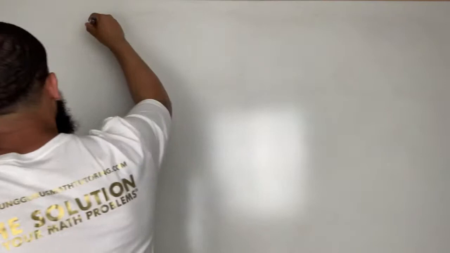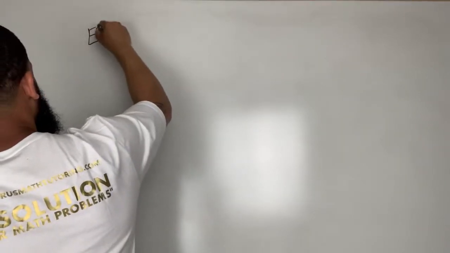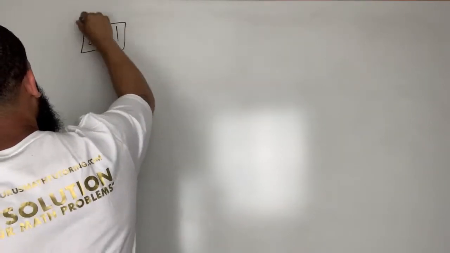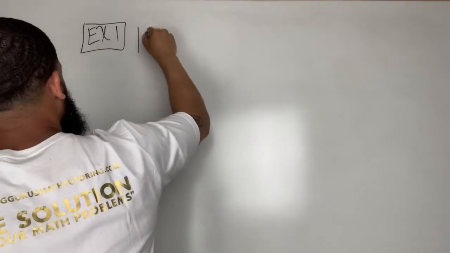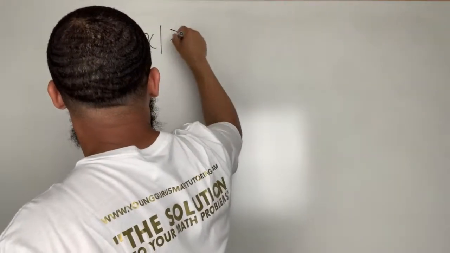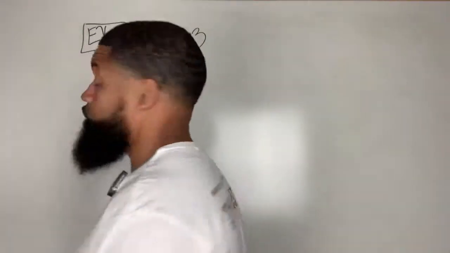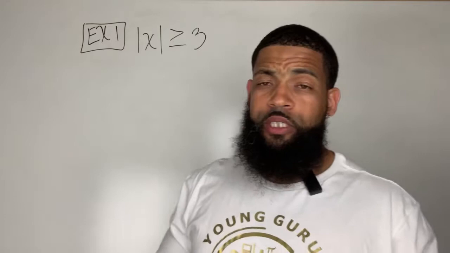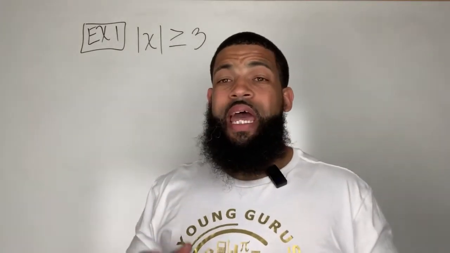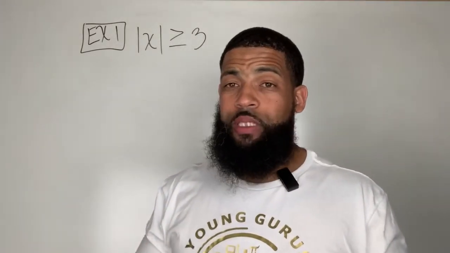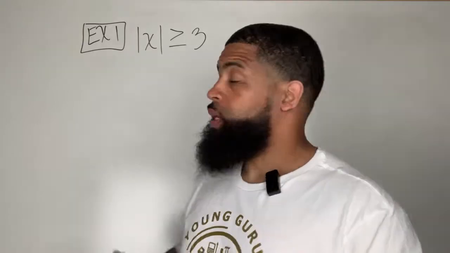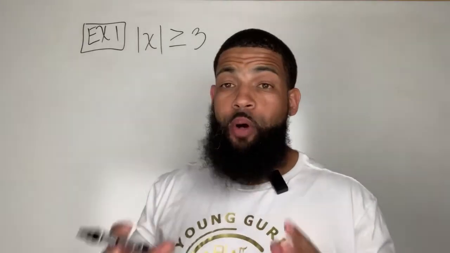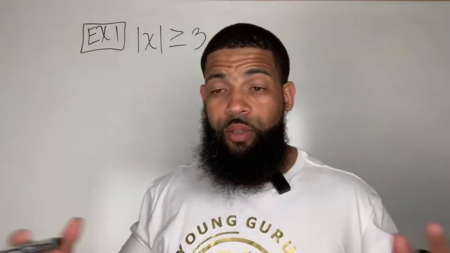The first example I want to show you is example 1, and it is the absolute value of x is greater than or equal to 3, or as I like to say, tree. Remember, when we solve these, absolute value is actually the distance from 0, so we want to see this from both sides of the number 0.